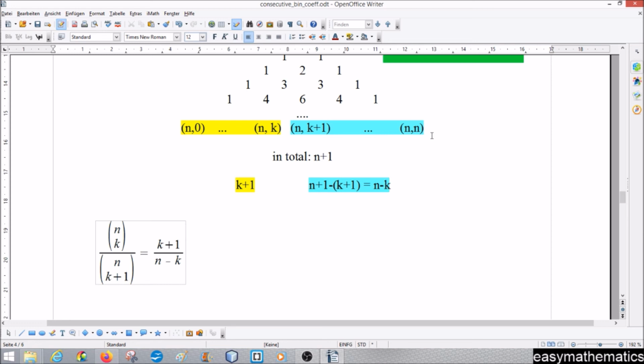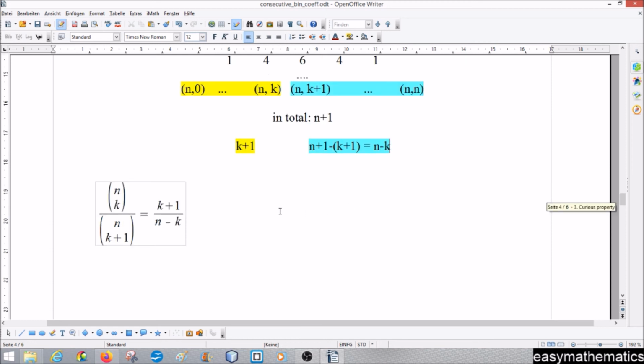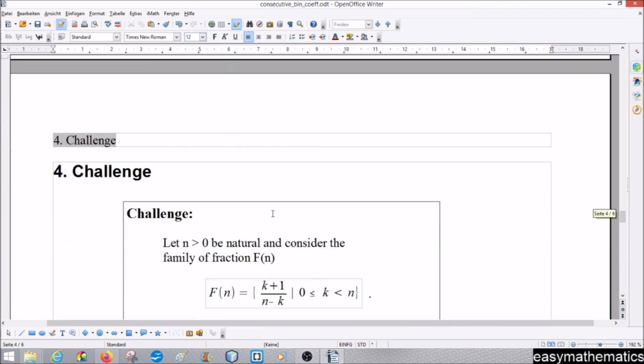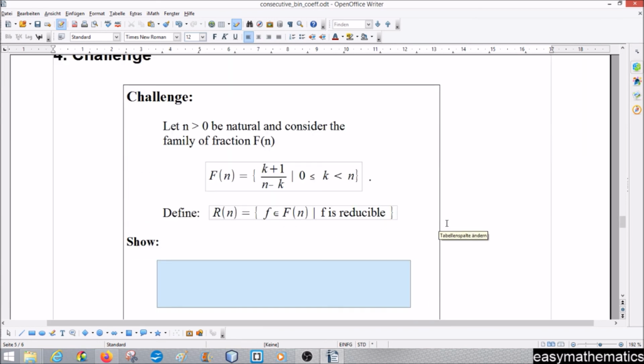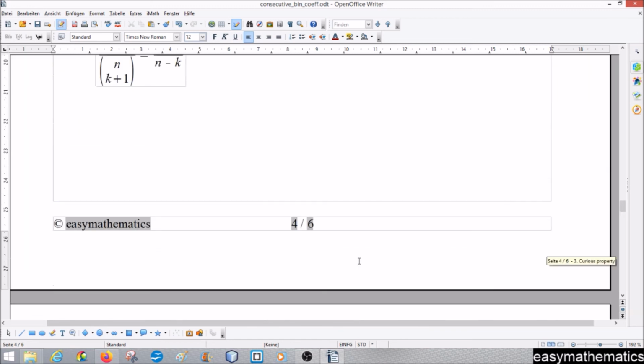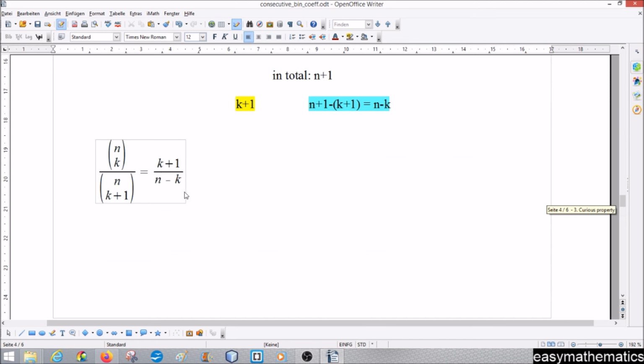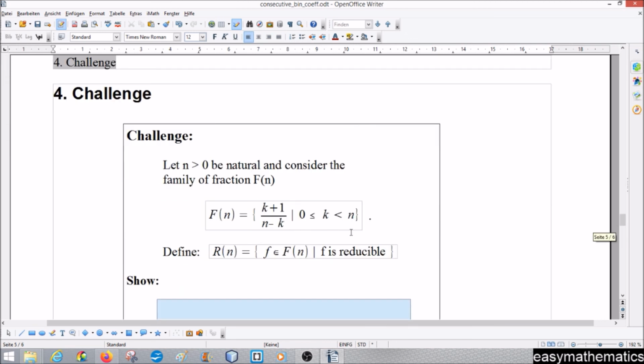And I thought about a challenge, like I said. What is this challenge? Let n greater than 0 be natural, and consider the family of fractions F of n, the set of the ratios of the form k plus 1 over n minus k. These are exactly these ratios, where k is 0 included but n excluded.